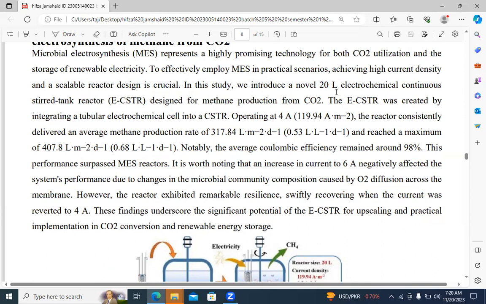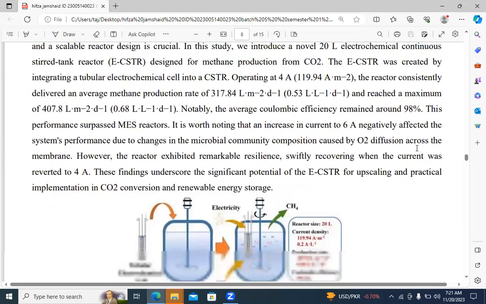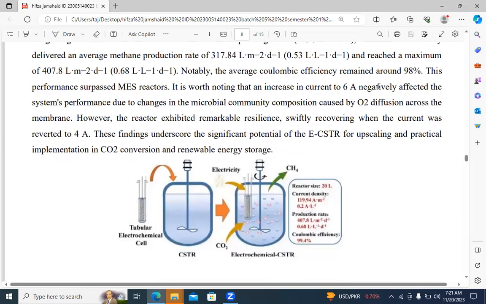When we apply a current of 4 amperes, the reactor is consistently, continuously delivering an average methane production rate of about 375 something liters, and then reached a maximum rate of 407. Notably, it means it will produce product at about 98%.